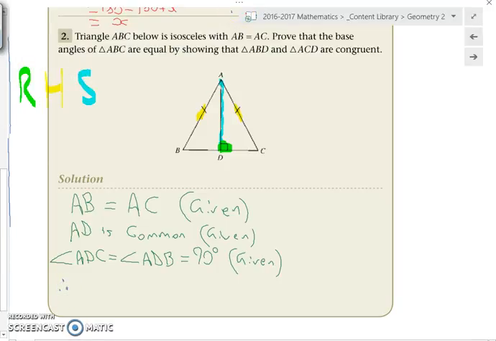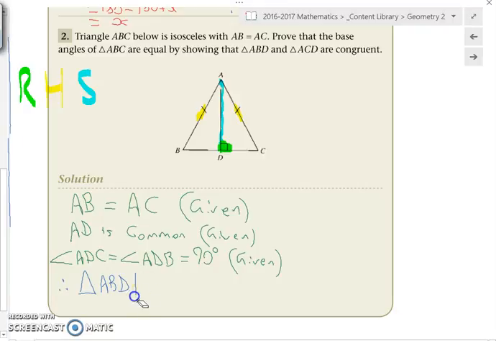Therefore, and this is where we're using congruency, so we say, therefore, triangle ABD. Have I done the right symbol for congruency? Yes, it is.